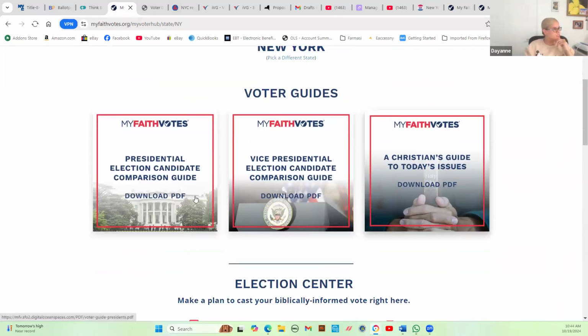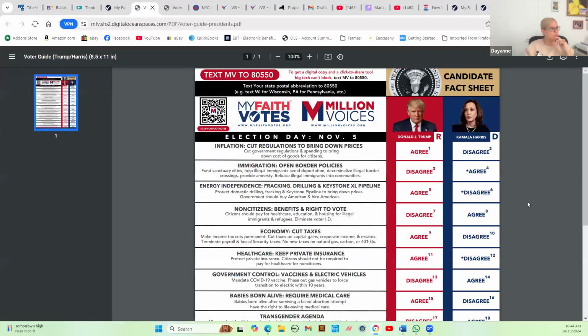So presidential election candidate comparison guide, let's just click on it just to see what it's going to show you. What I like is that it's very detailed. It's going to tell you what their policies are, what they're looking to attempt to do. It's not going to enter into specifics.